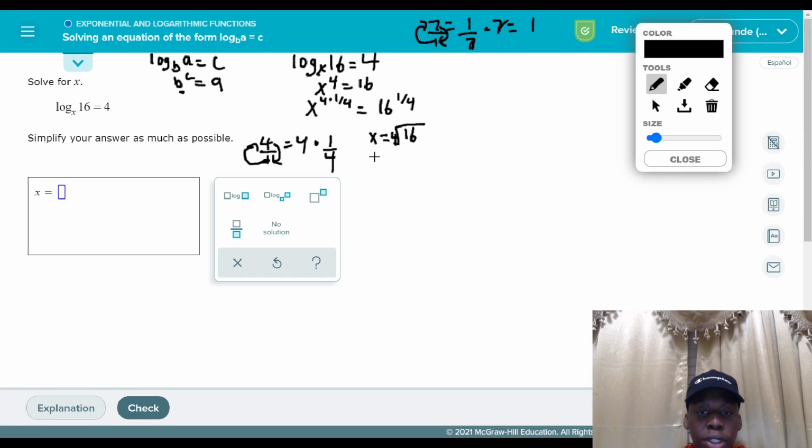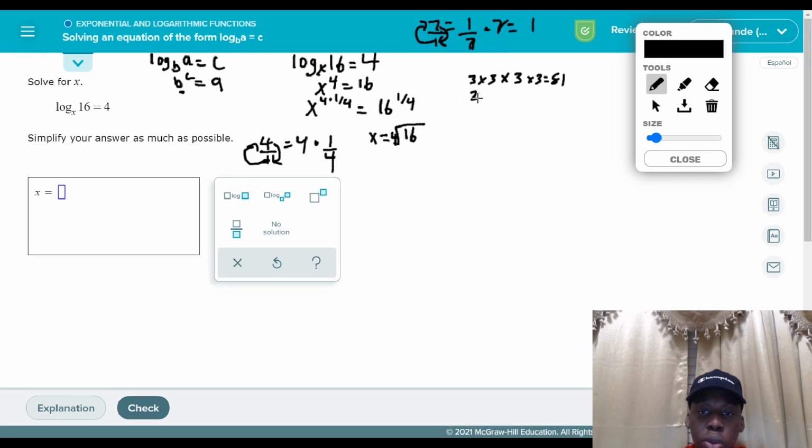If you try 3, 3 times 3 equals 9, right? 9 times 3 equals 27, right? 27 times 3 equals 81, right? So we multiply 3 four times, that equals 81. 81 is bigger than 16, right? We're looking for a number that when we multiply 4 times is going to give us 16. So let's try 2 now, because 2 is the next number less than 3.